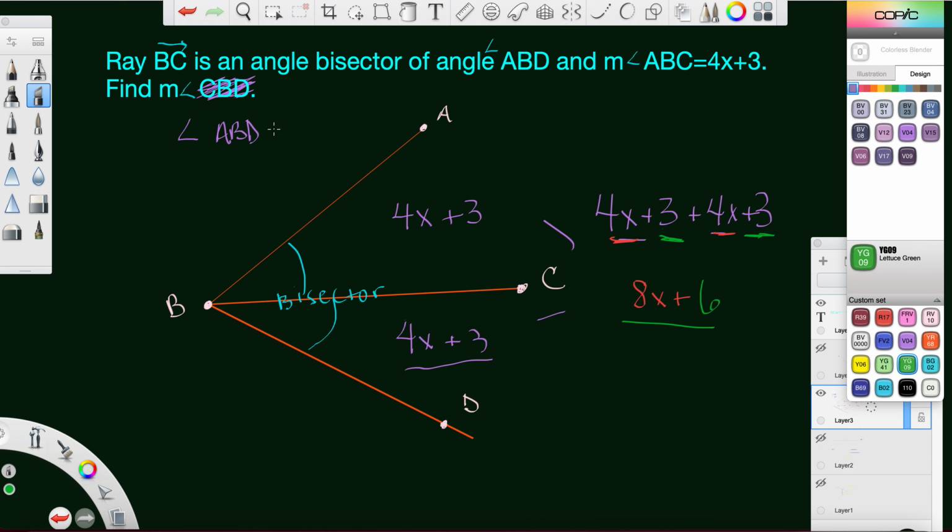ABD is equal to 8x plus 6, and CBD is just that, 4x plus 3. So really it's an exercise in reading the question, okay? And I think you can handle it.